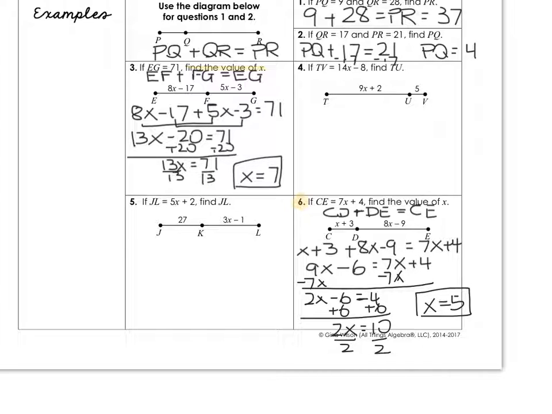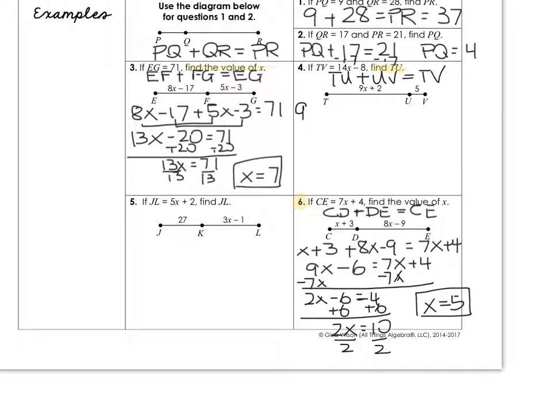Okay, now let's look at the next type of problem. This one says find TU. So this time we're going to go beyond just solving for x. Again, let's write down our segment addition postulate. It says that TU plus UV equals TV.